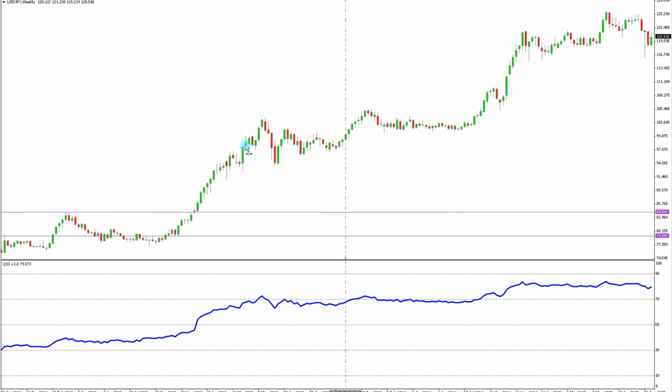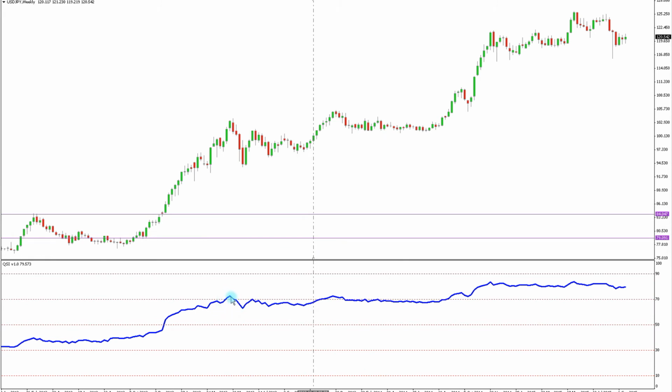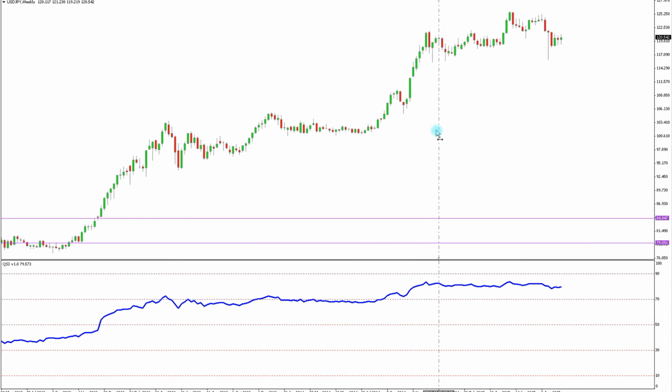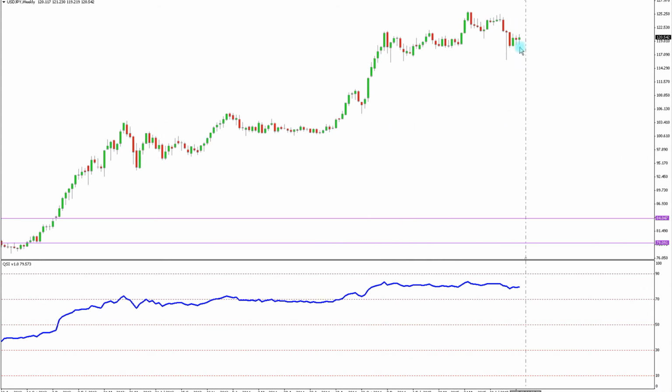And we see that the yen went to levels around 70 on a weekly chart, stagnated, and now is reaching levels close to 90, currently at 79.80, which suggests that we might see a correction in the yen, since we didn't have any new fundamental news that supports such high levels in the QSI.